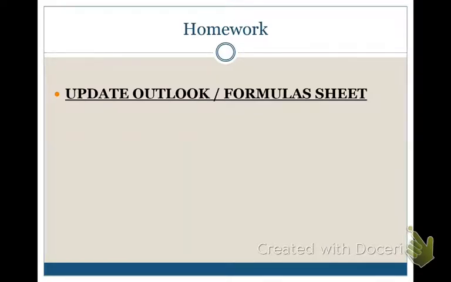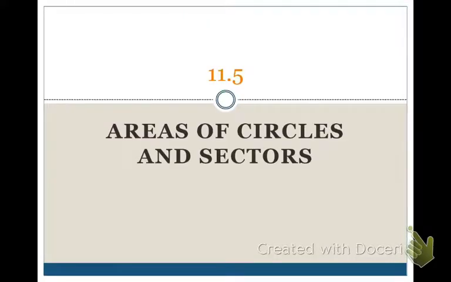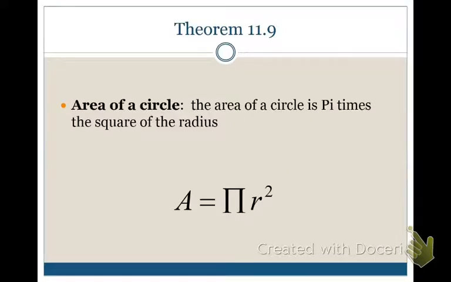It would be a good idea to make yourself a formula sheet for your chapter summary sheet for this chapter. All right. Areas of circles and sectors. Area of a circle is pi r squared.